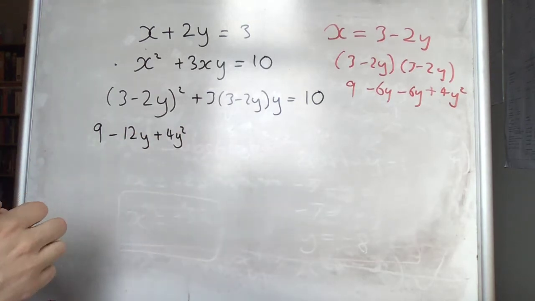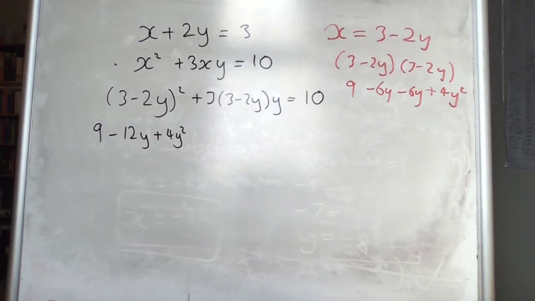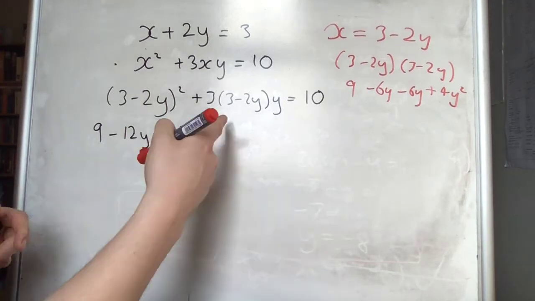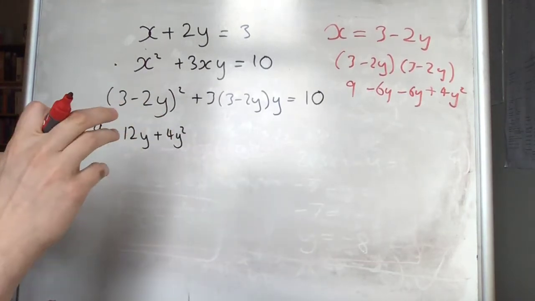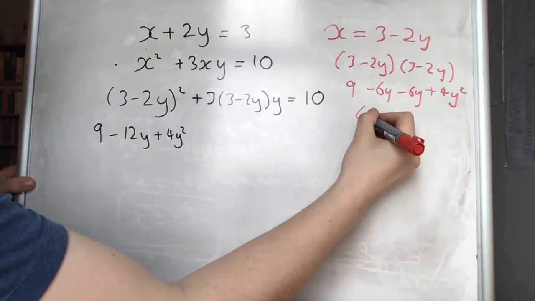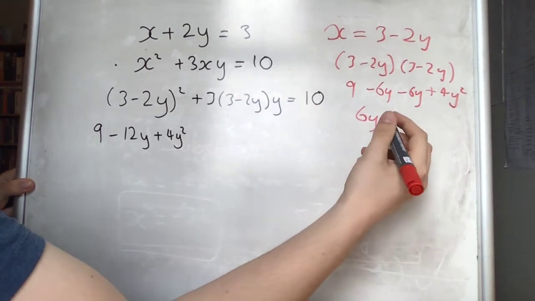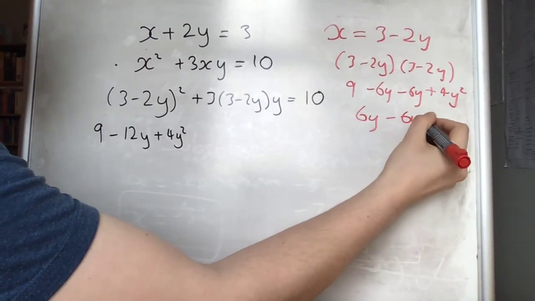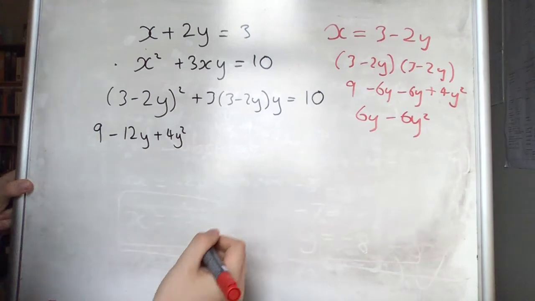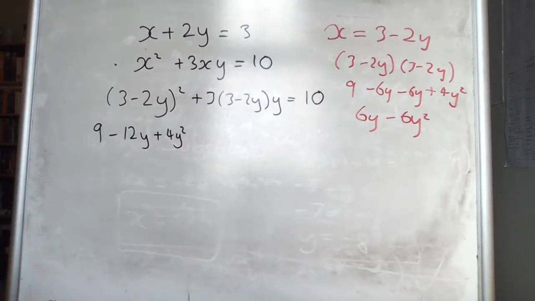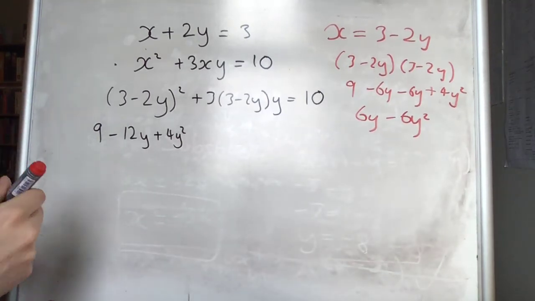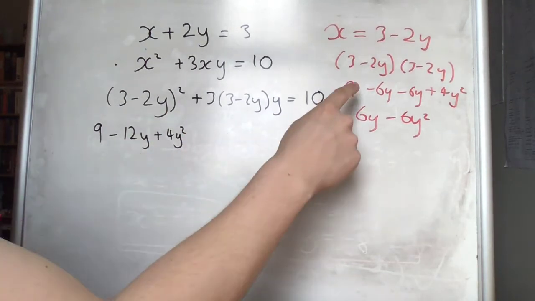That's the first aspect. And then the second aspect is this bit in the middle here. So we've got 3 times (3 minus 2y) times y. And that's simply 3 times 3, which is, sorry, I've been very silly, 3 times 3 is obviously 9.